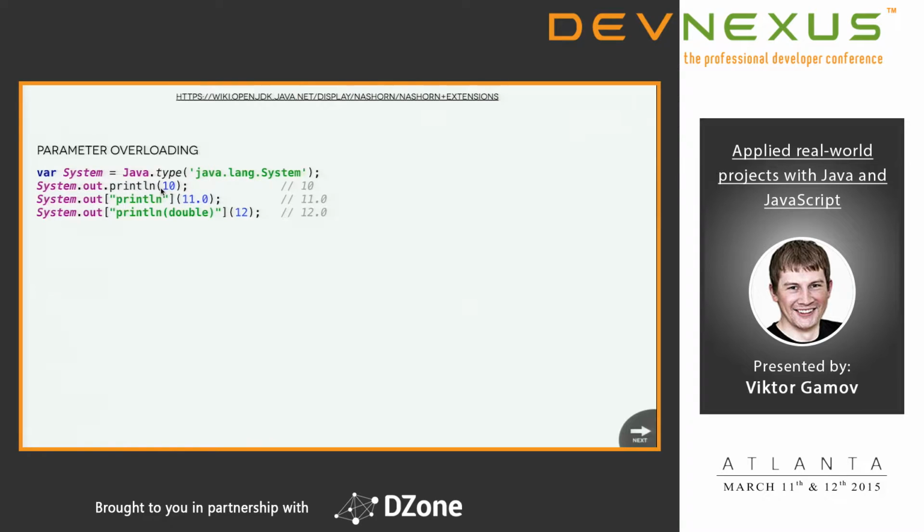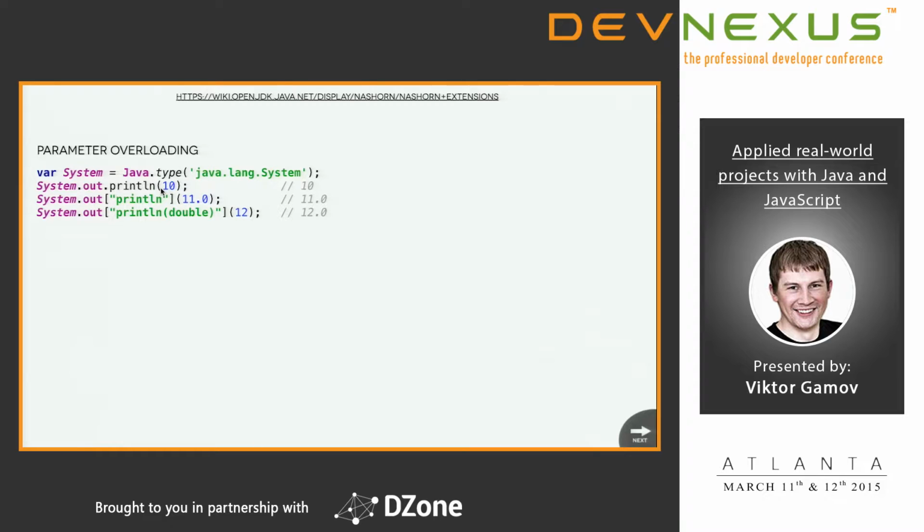So here's a couple of things that Nashorn gives on top of the things that Rhino gives to you. Things like parameter overloading and this kind of syntax that Nashorn has.